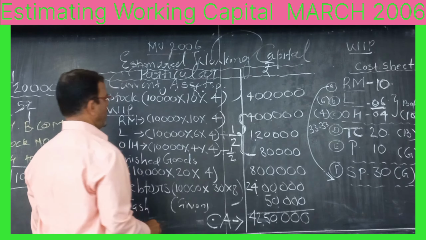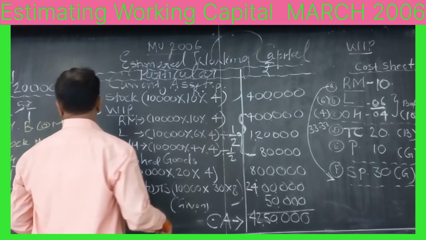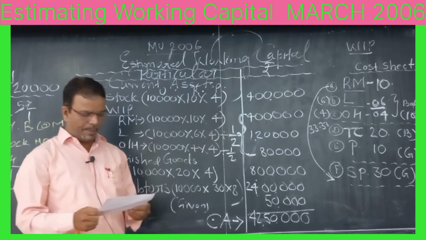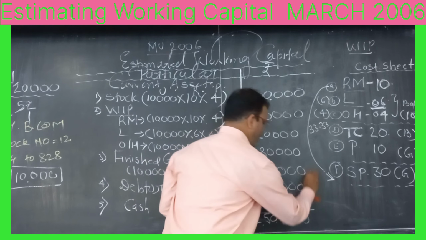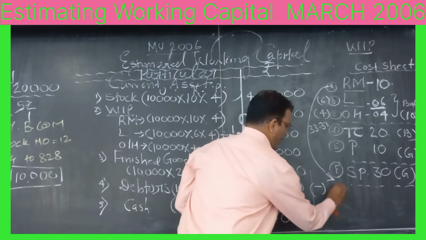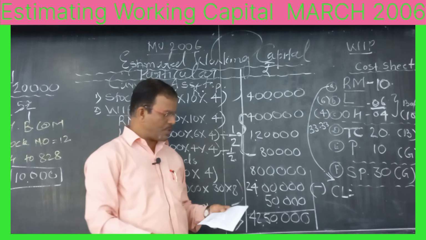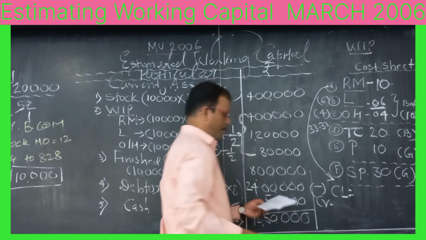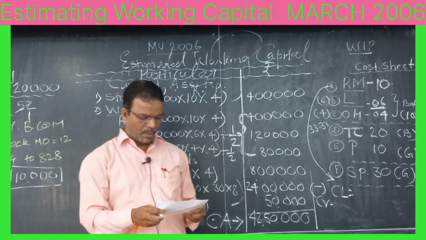Now we will do the less liabilities. Come to the less current liabilities. First we will take the creditors. How to find creditors again? 10,000 units.